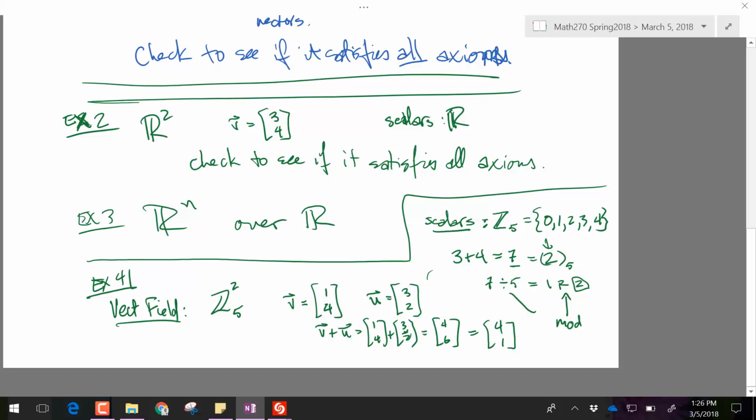The mod has nothing to do with this being a vector space. This is a vector space because now I can use this field to make vectors out of it. The mod business is just a way to do the calculations when you add or multiply.